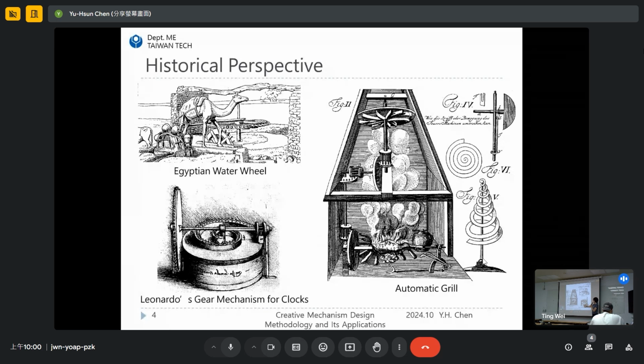If we have a stronger torque, but we set a shorter distance, and once the torque decreases, we have a longer distance, so the force output will become constant. That is the design by Leonardo da Vinci. Oh, interesting. Thank you.